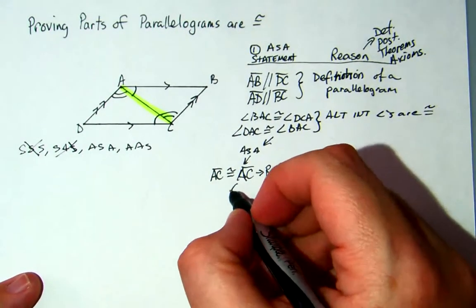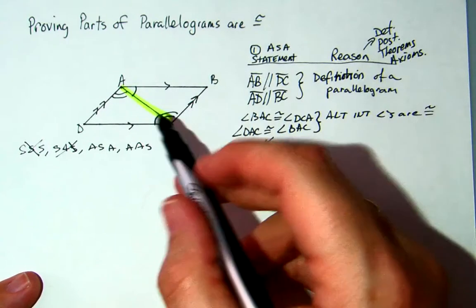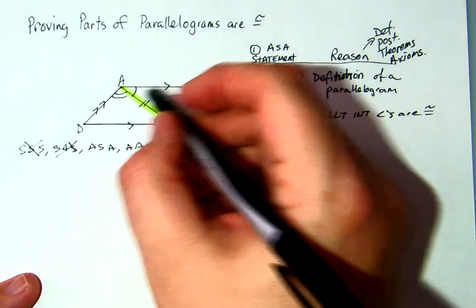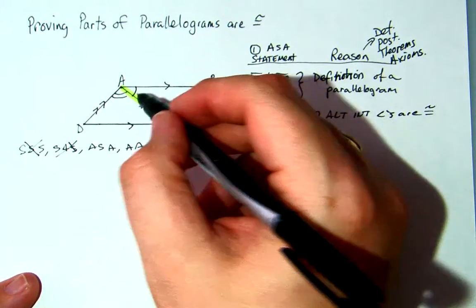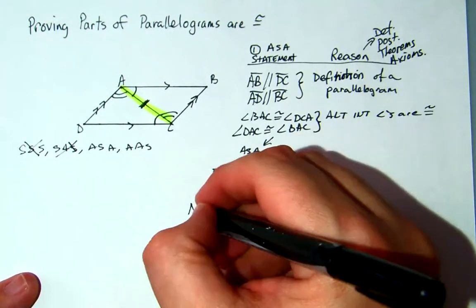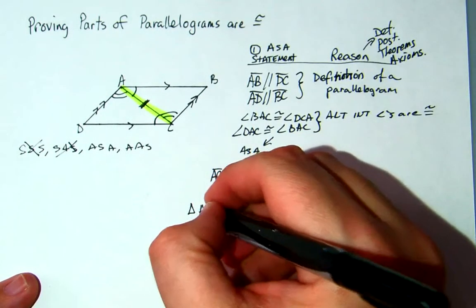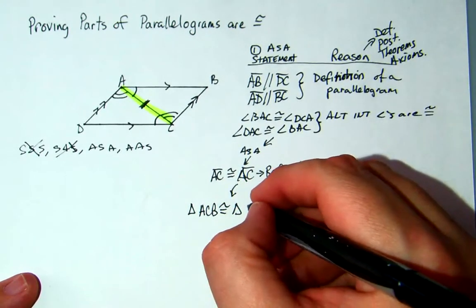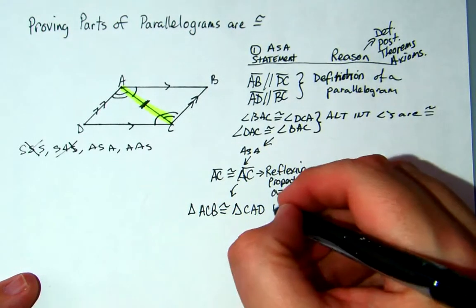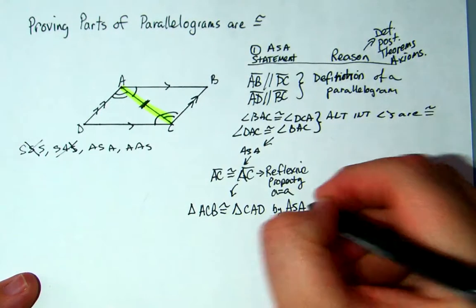And then from here, we now have angle, side, angle. We can say that triangle ACB is congruent to triangle CAD by angle, side, angle.